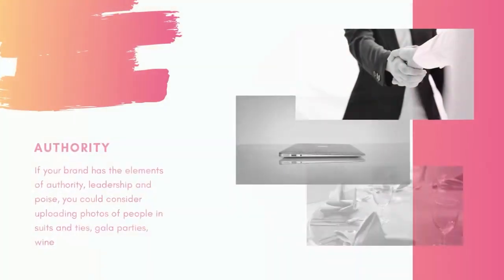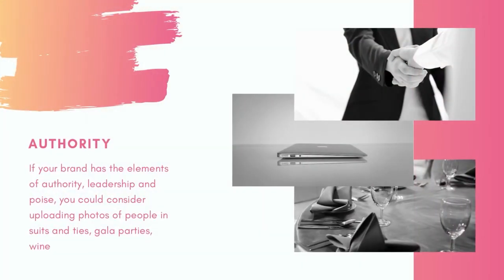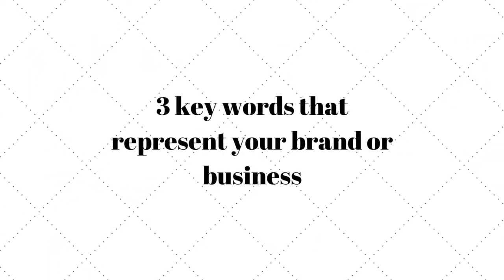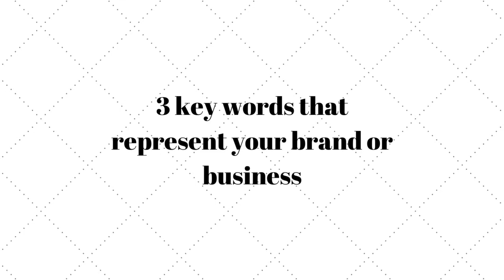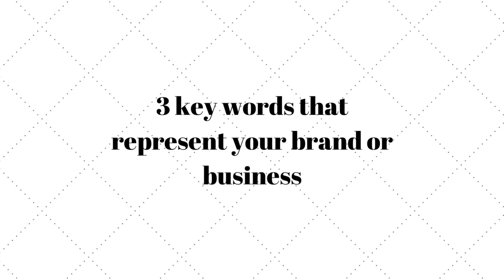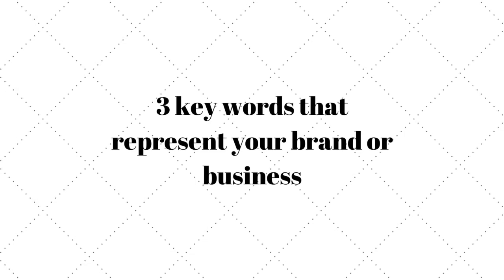Similarly, if your brand has the elements of authority, leadership and poise, you could consider uploading photos of people in suits and ties, gala parties, wine and other similar occasions. The point is you need to be sure of the three key words that represent your brand or business to have these strategies and tactics work their best for you.